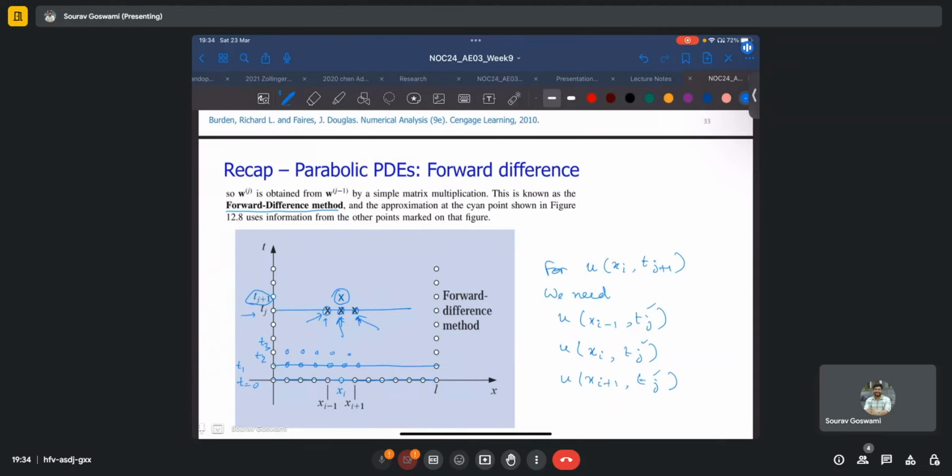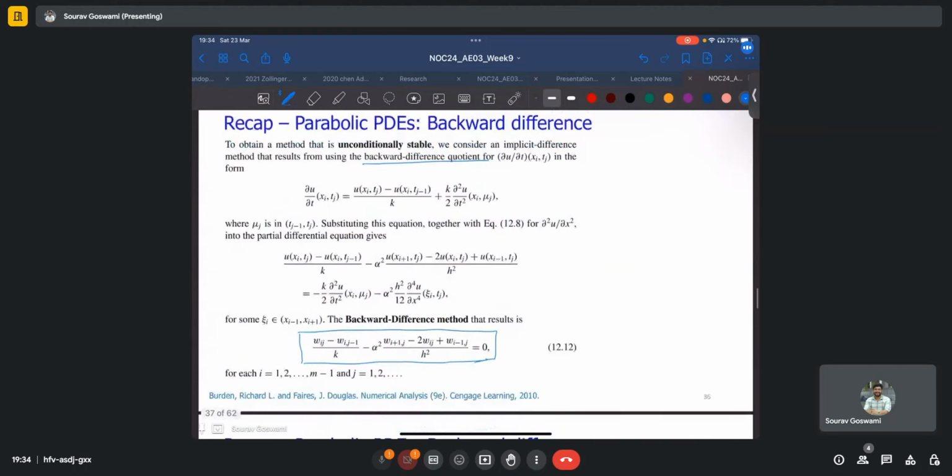But they are already known to us, and so we can find an explicit formulation.